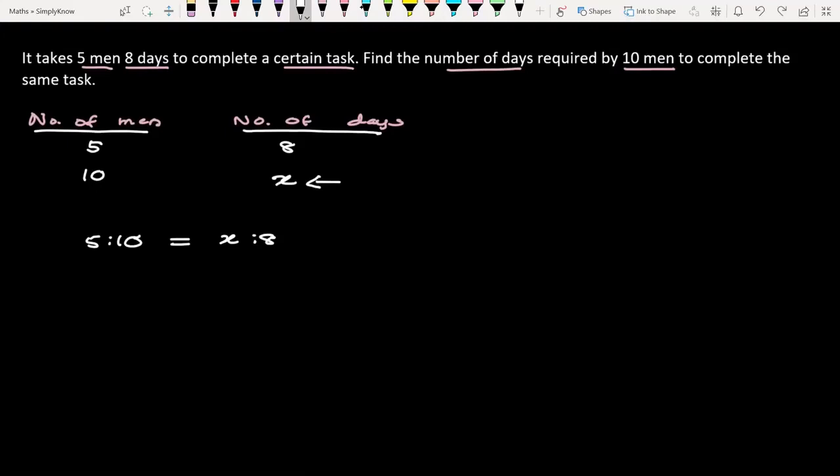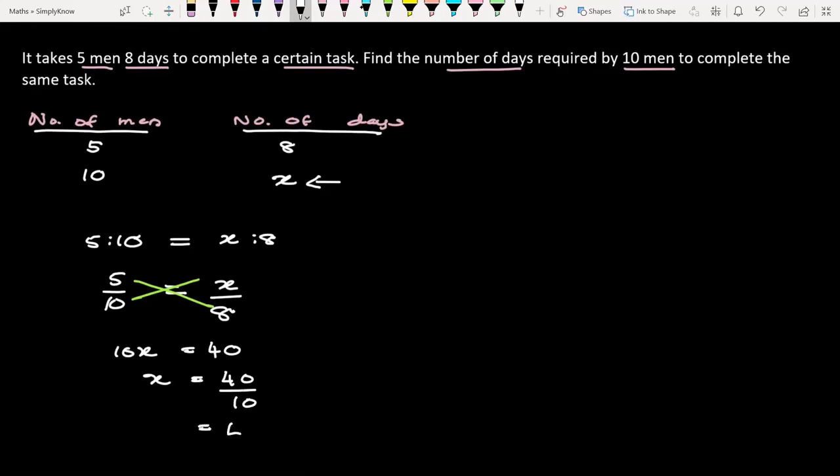Now let's write these ratios as fractions. Now we can simplify this using cross multiplication. 10 times x is 10x. Then 5 times 8 is 40. x is 40 divided by 10.